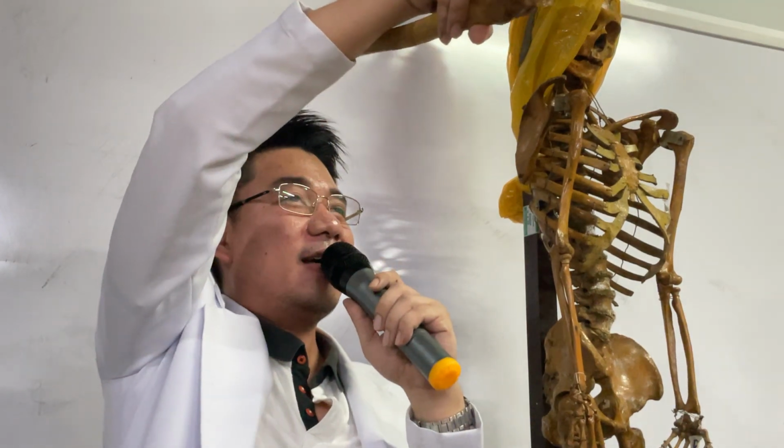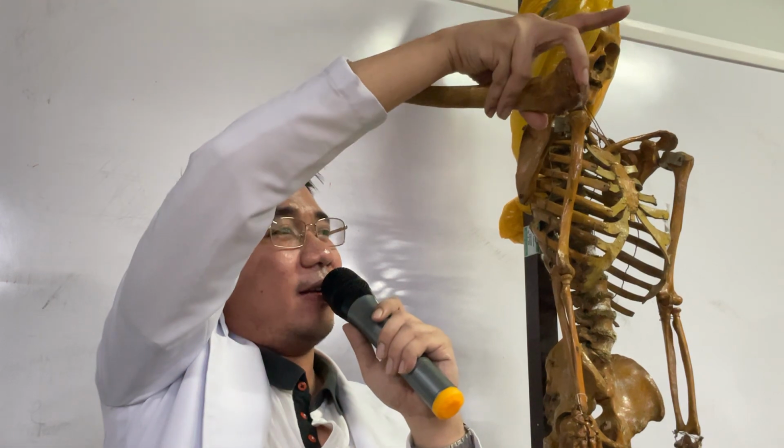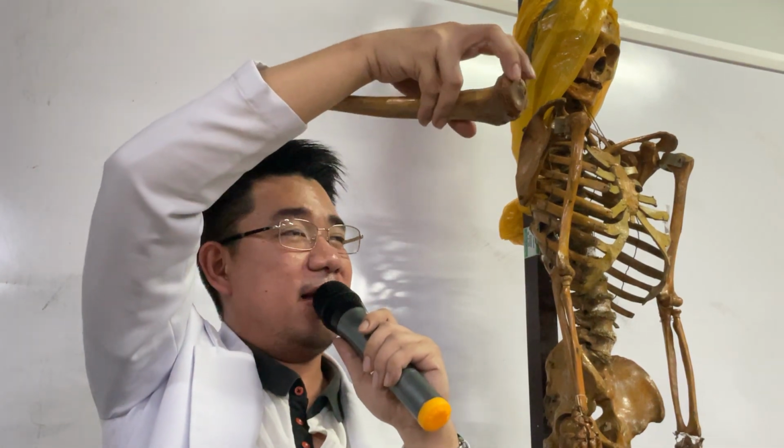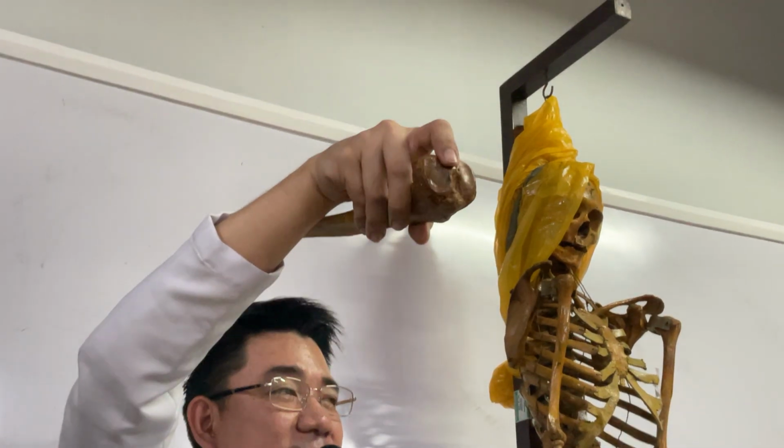This is the superior articular surface. You have the medial here and the lateral here, the medial and lateral articular surfaces of the tibia. The ones in the middle are known as intercondylar ridges.